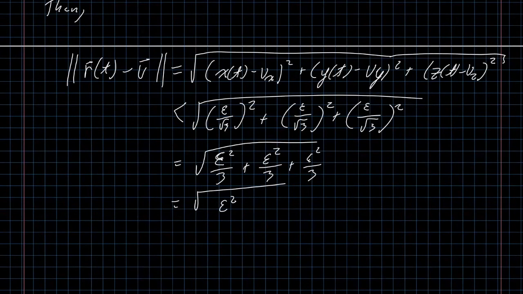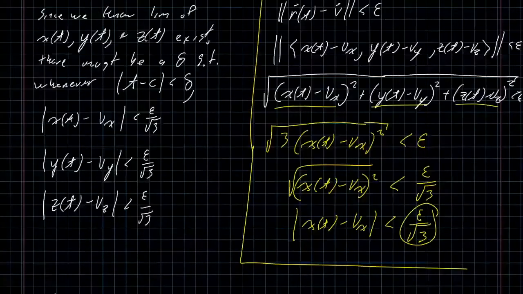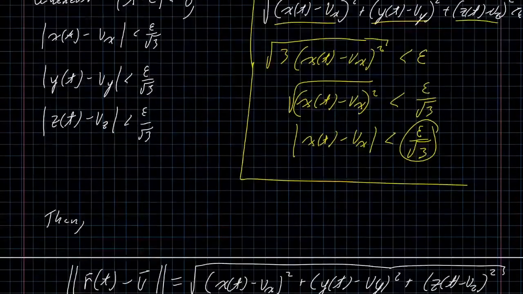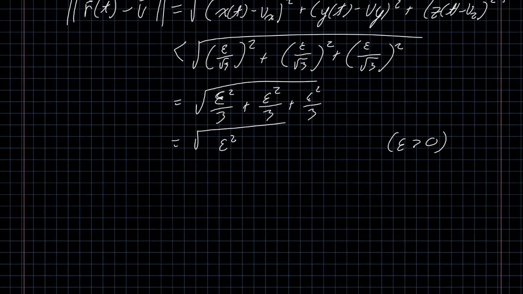And since I know that epsilon is bigger than 0, right? That was what I said way up here. Anytime you're doing an epsilon delta proof, the first thing you write down is let epsilon be bigger than 0. And since epsilon is bigger than 0, the square root of epsilon squared is epsilon. And so we found that this satisfies the definition.